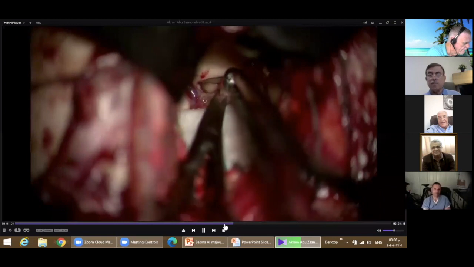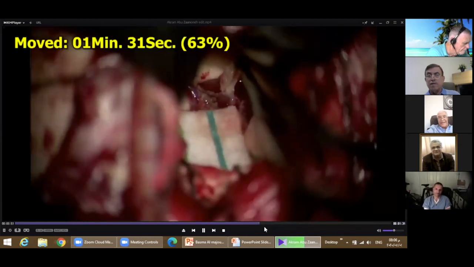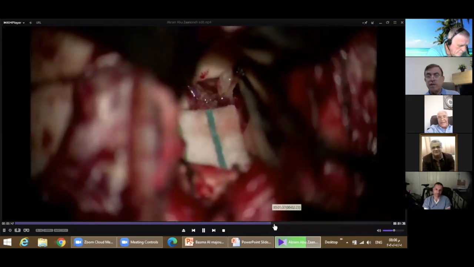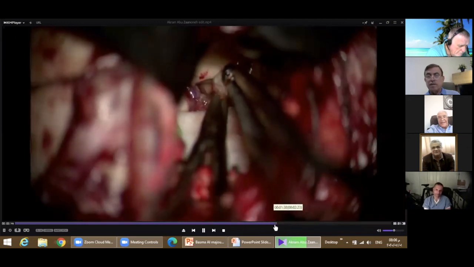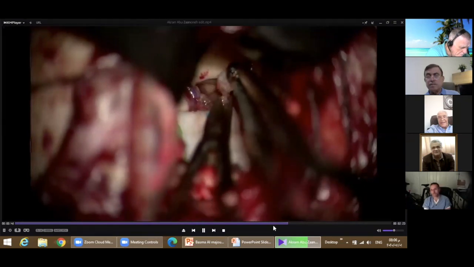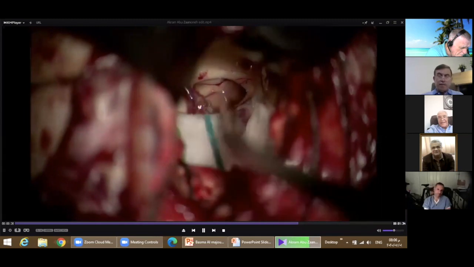This is microneurosurgery, and it should be done this way. So this is the last piece, okay? The fourth one.